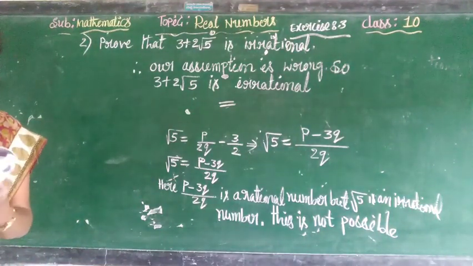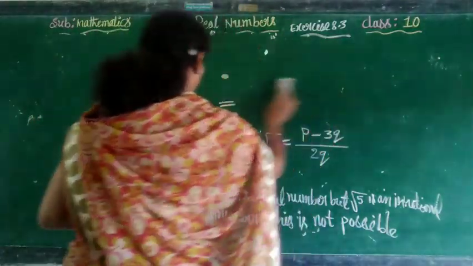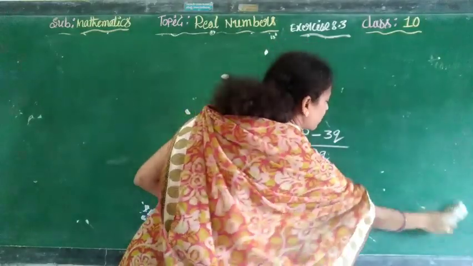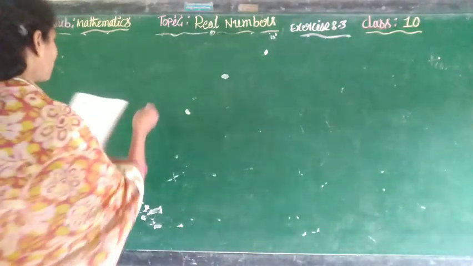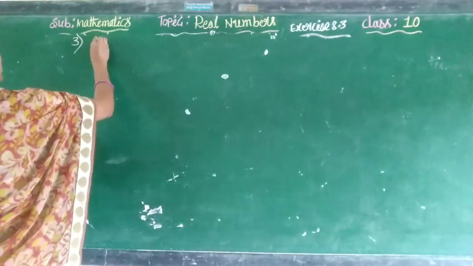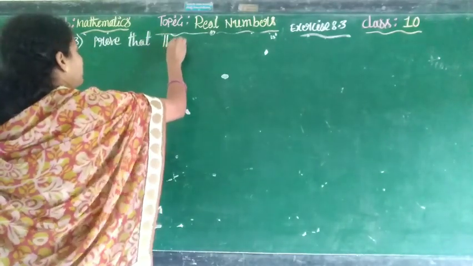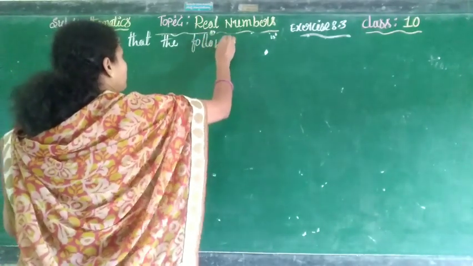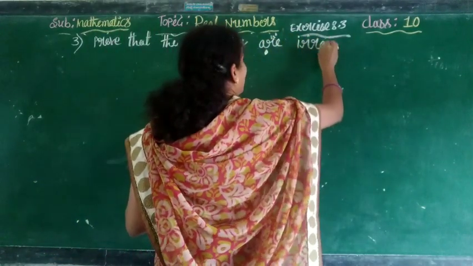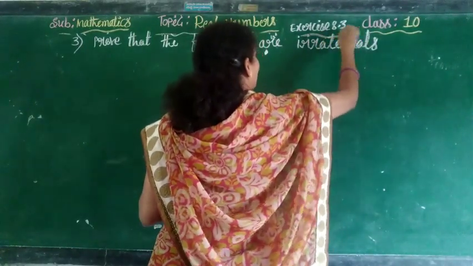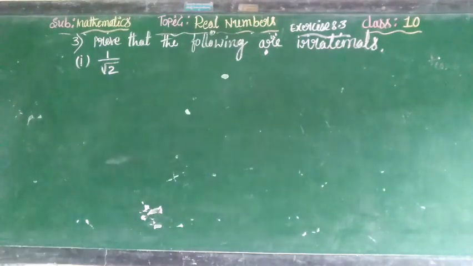Prove that the following are irrational. The first one is 1 by root 2.